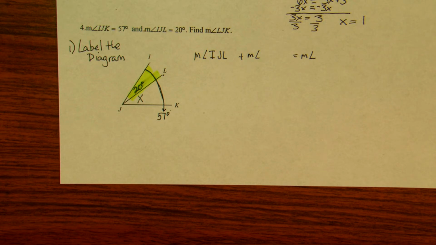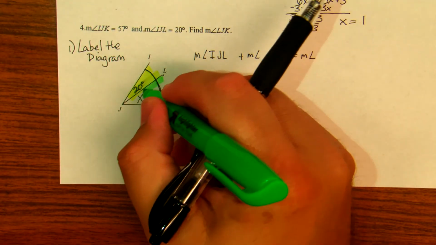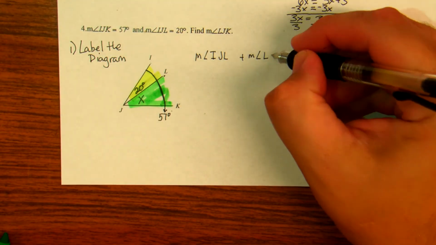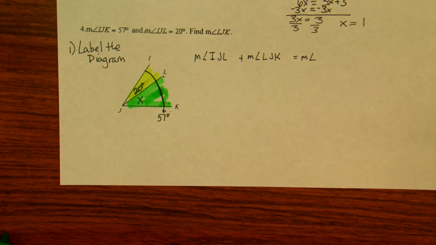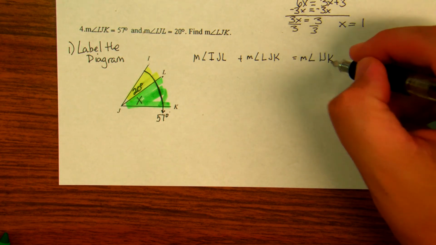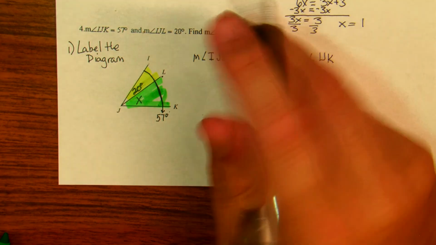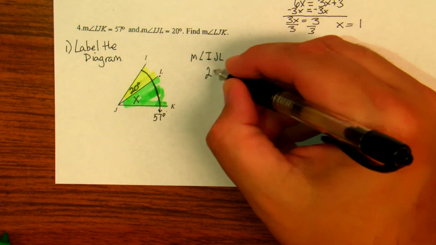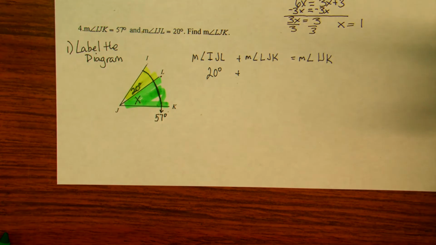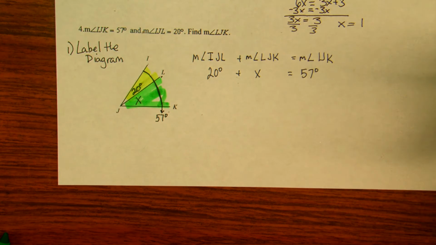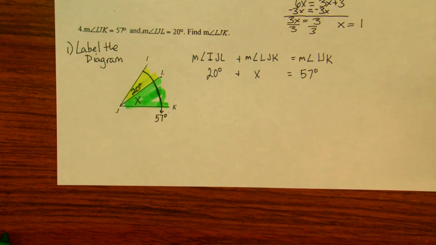And that's fine. And that's equal to what angle? IJK. All right, now what do we know is the measure of angle IJL? 20 degrees plus x should be equal to 57 degrees. All right, subtract 20.